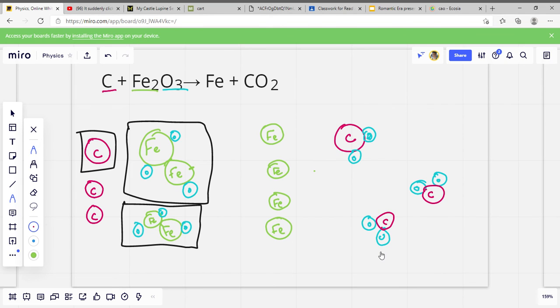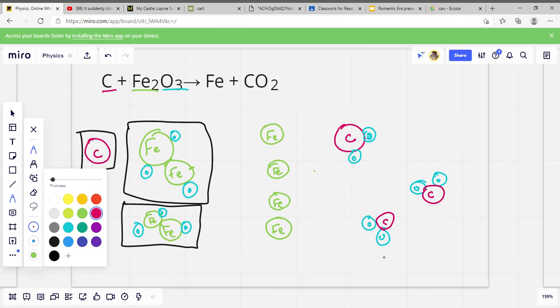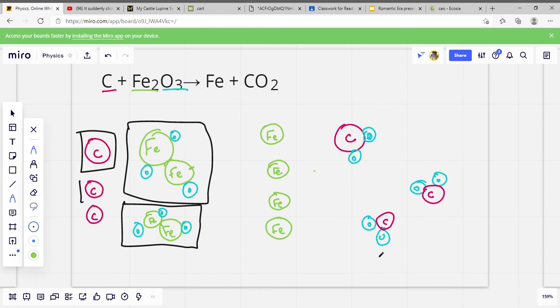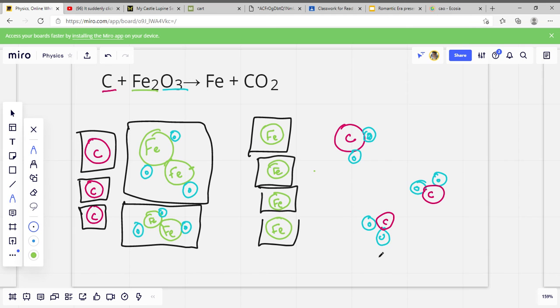Alright, now I think we might be balanced. Alright, so let me box everything. So there's our carbons. We've got 3 carbons plus 2 of these molecules equals 3 of these Fe's by 4 of these Fe's by themselves. And then we get 3 of these CO2s.